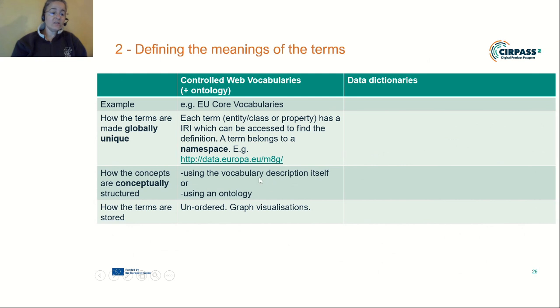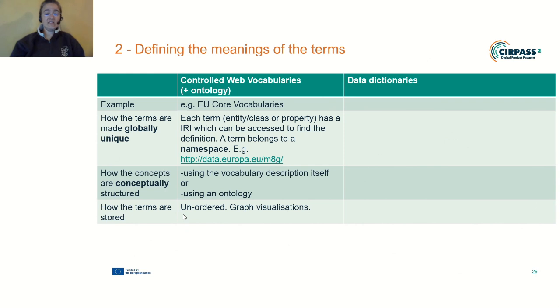And how the concepts are conceptually structured is using either the vocabulary description itself, where we saw that the concept hierarchy is defined, or using an ontology. But this is not always the case. A very important observation is that the terms are stored in an unordered manner.